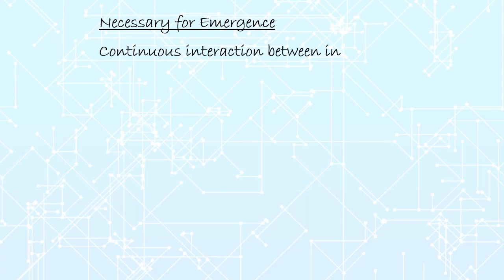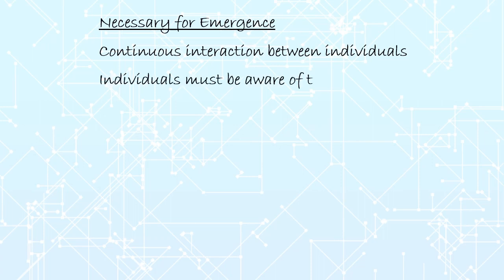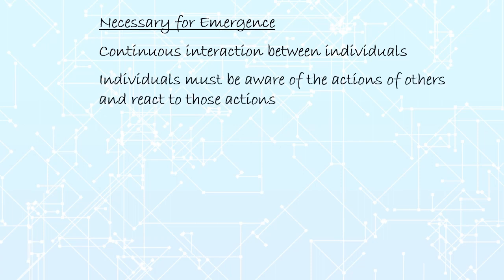What agent-based modelling shows us is that when individuals interact, their actions and reactions result in collective action which is different from any of the individual innate actions. There are things which are necessary for collective action to emerge. There must be continuous interaction between individuals, and individuals must be aware of the actions of others and react to those actions.